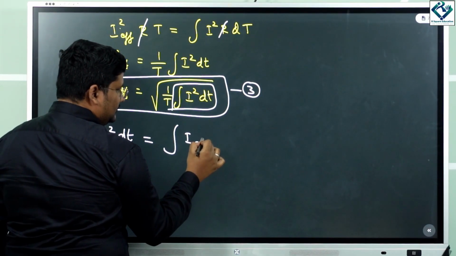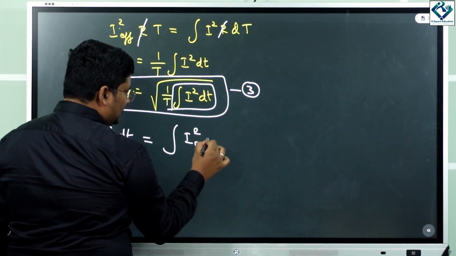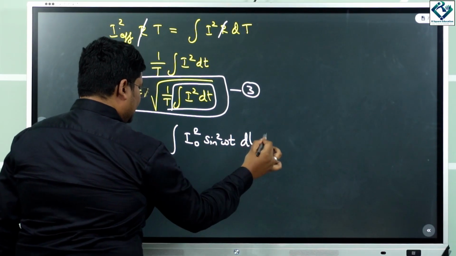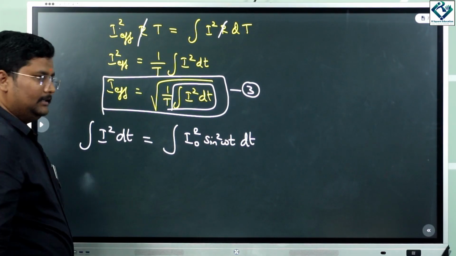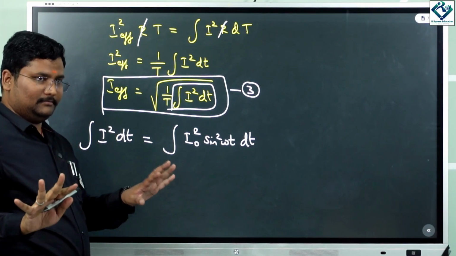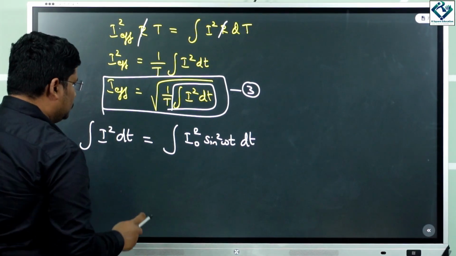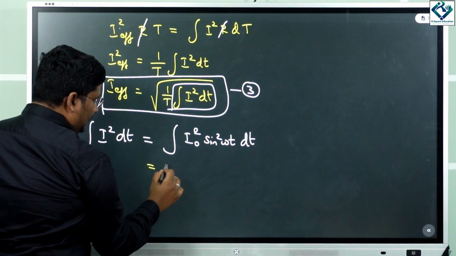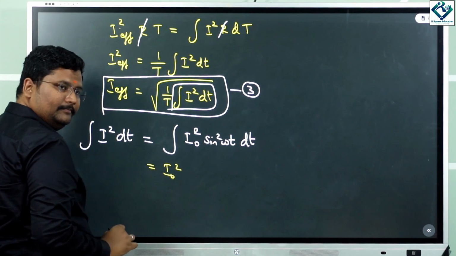I naught sin omega t. So I naught square sin square omega t into dt. I have to integrate it. We don't have limits. So I'll take I naught square common out.